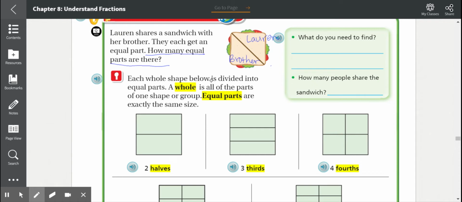Each whole shape below is divided into equal parts. A whole is all the parts of one shape or a group. Equal parts are exactly the same size. So Lauren and her brother are each getting the same size of piece. When there's two equal pieces, we call that 2 halves. When there's 3 equal pieces, we say 3 thirds. When there's 4 equal pieces, we say 4 fourths.